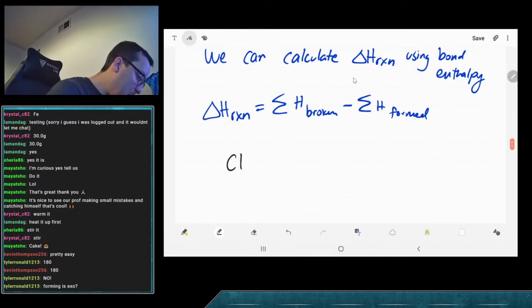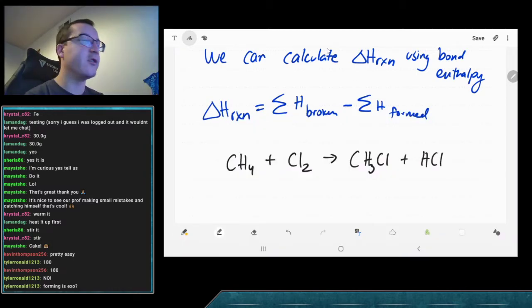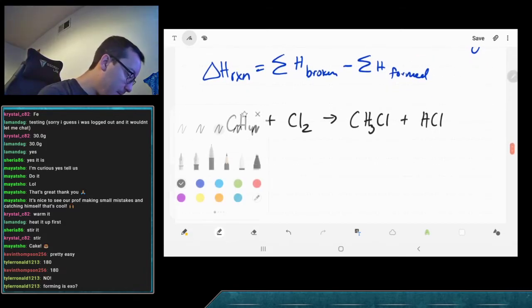Let us take methane and make chloromethane and hydrogen chloride. Forming bonds is always exothermic. So based on which bonds we're forming and which bonds we're breaking, we'll see what is happening here.